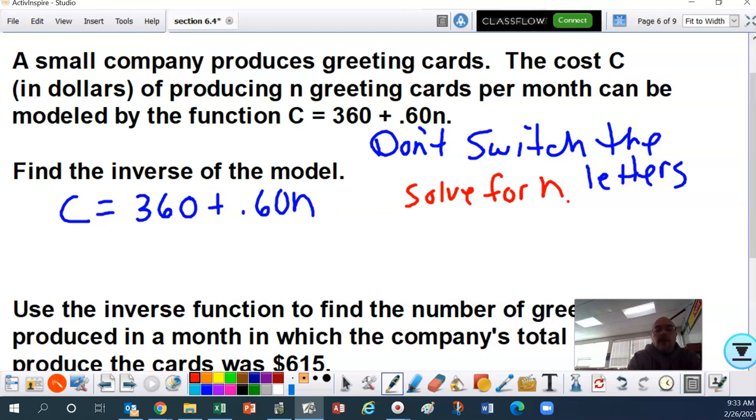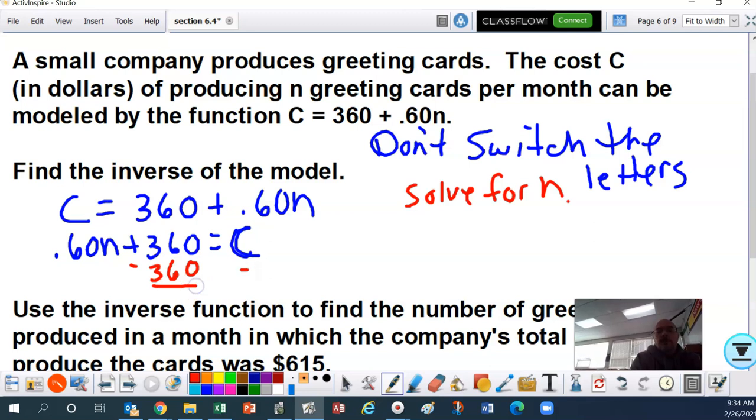All right, well, I'm going to rewrite this as 0.60 n plus 360 equals C. Okay, here we go. I'm going to subtract 360. So now I have 0.60 n equals C minus 360.